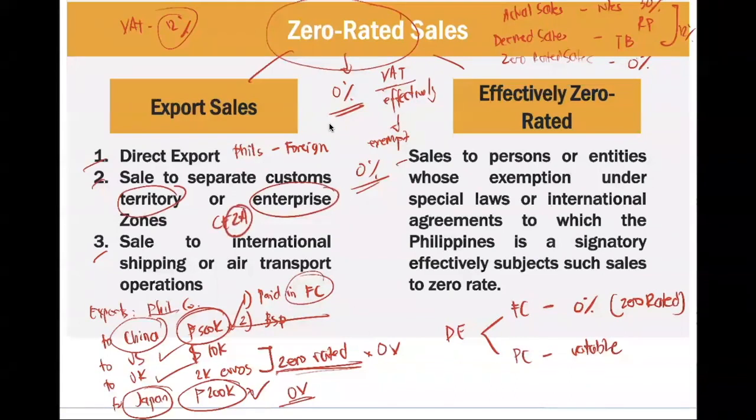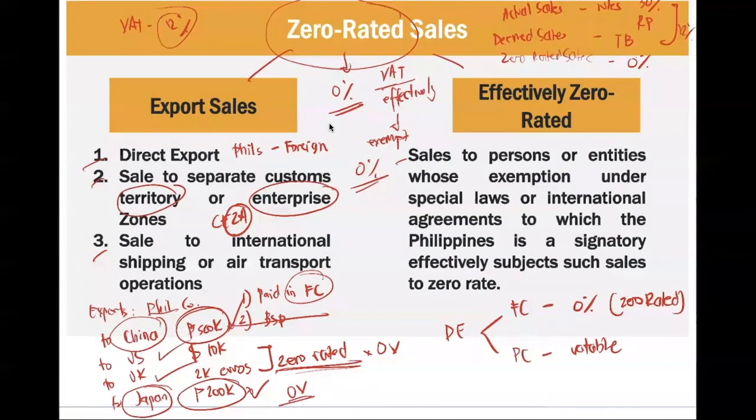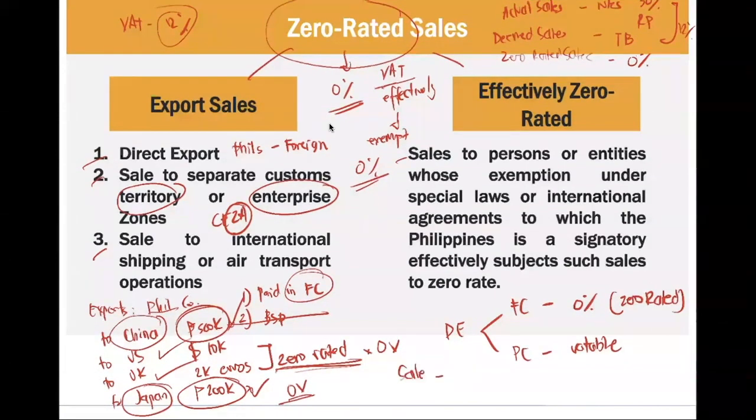PEZA, basta yung may mga ZA, Economic Zones Authority, they are considered zero rated. So once you see, for example, sale, tapos nilagay dito to the government, to buyers lang, ganun. Tapos nakalagay to PEZA. Tong PEZA, 0%. Okay? PEZA, 0%.